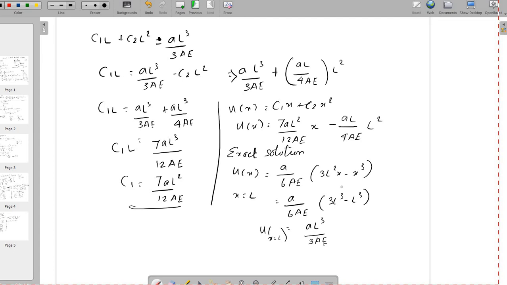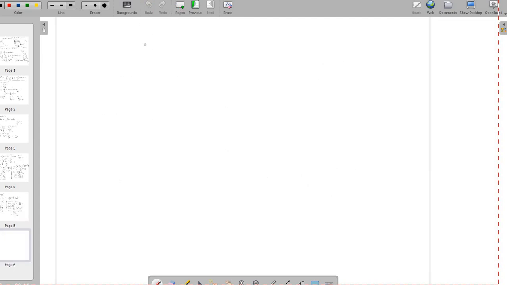If you substitute x equal to L in the weak formulation, we can get the same answer. That is u of x equal to 7 by 12 AL square by AE into x minus AL by 4AE into x square.